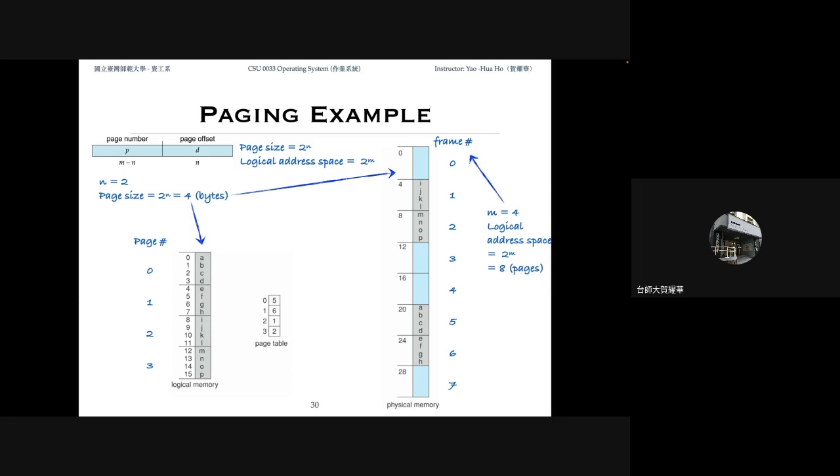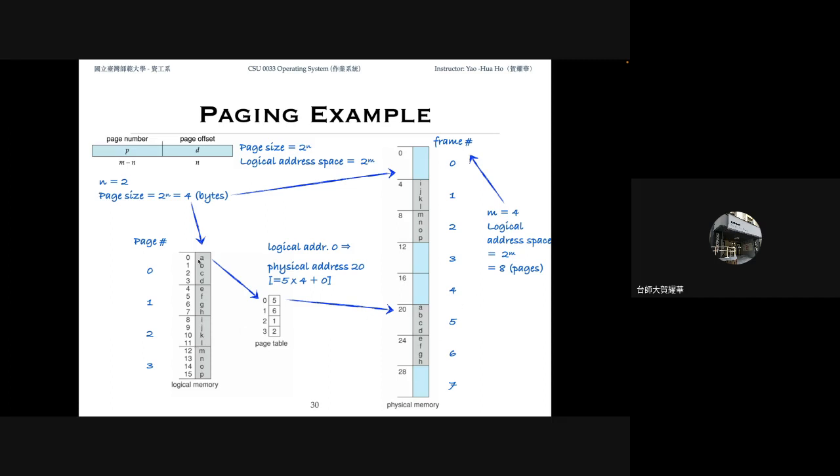Next, let's say I want to access a specific item, say item A in the actual logical address. First I need to translate page 0 into frame 5, so frame 5 is somewhere around here.